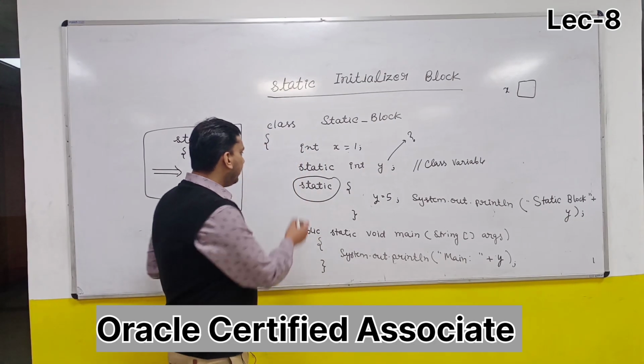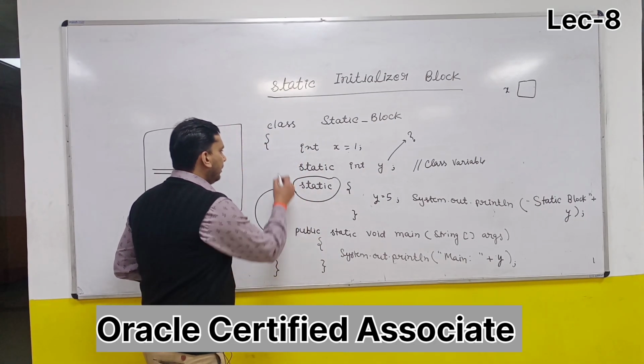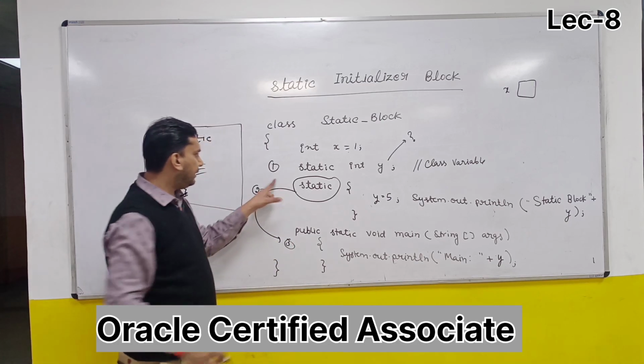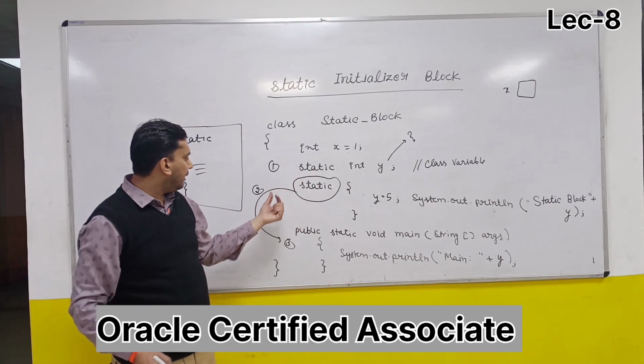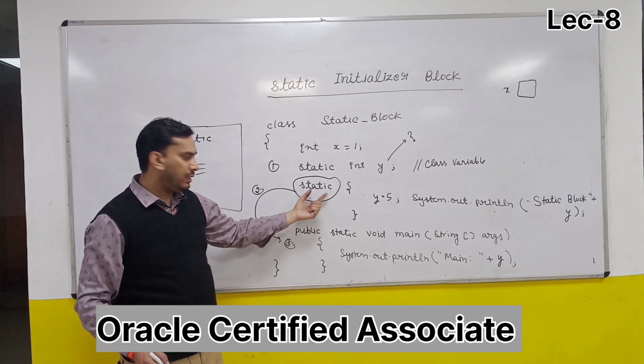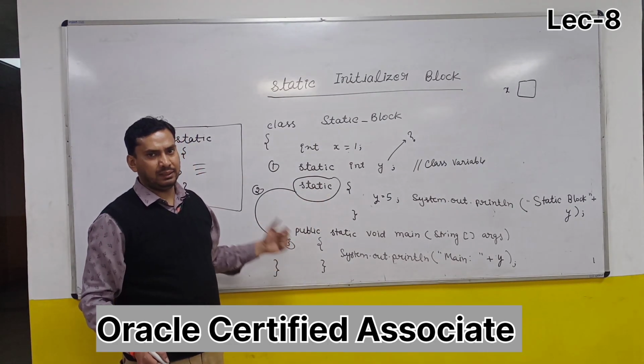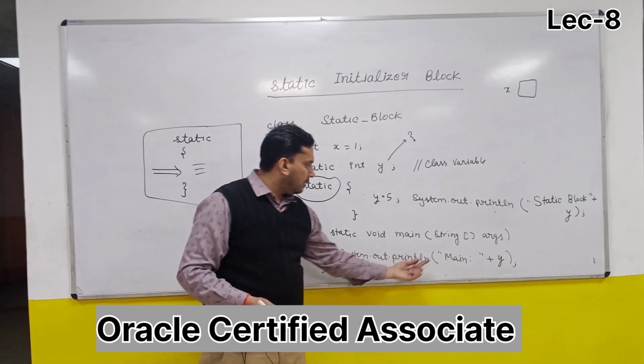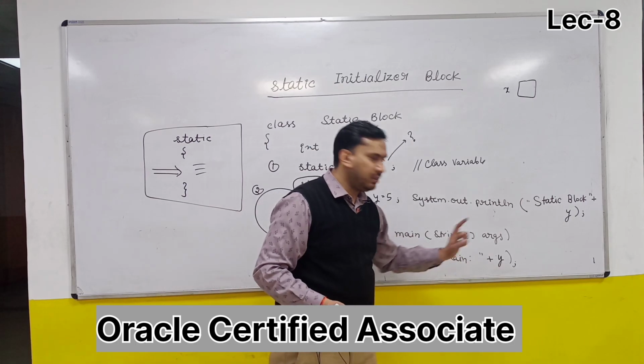Then after executing this static block, it will go to the main function. So first the static member is created, then the static initializer block is executed, then the main function will be executed. Now in the main function, it will print main, and then it will print y.